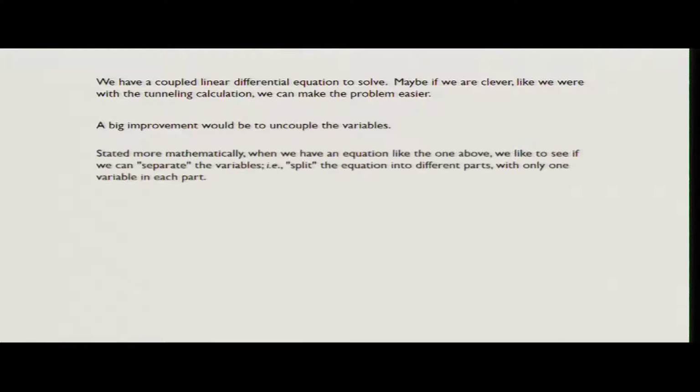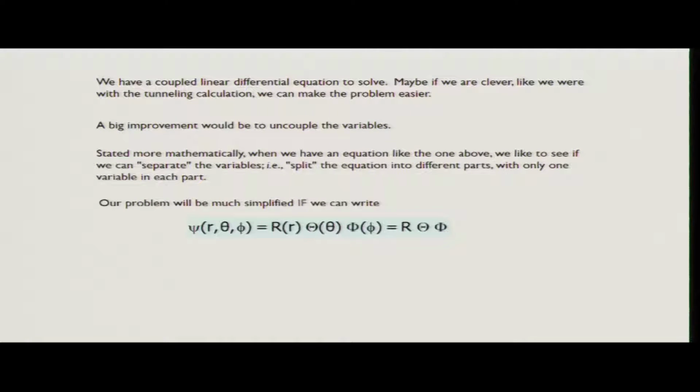Maybe if we are clever, like in some of the earlier calculations, we can make the problem easier. A big improvement would be to uncouple the variables. Stated more mathematically, when we have an equation like this one, we would like to see if we can separate the variables, or split the equation into different parts with only one variable in each part.